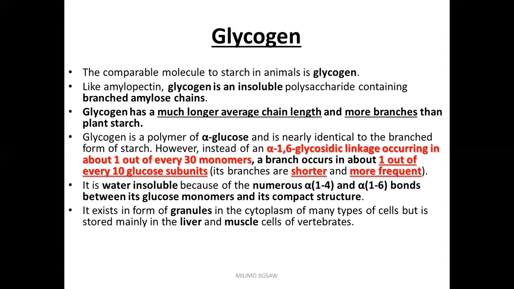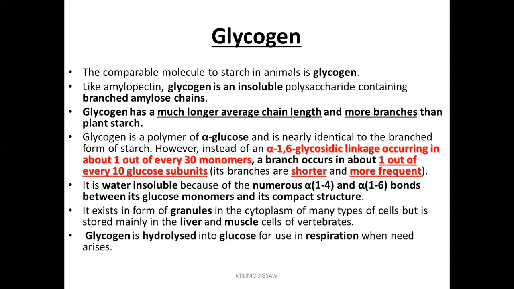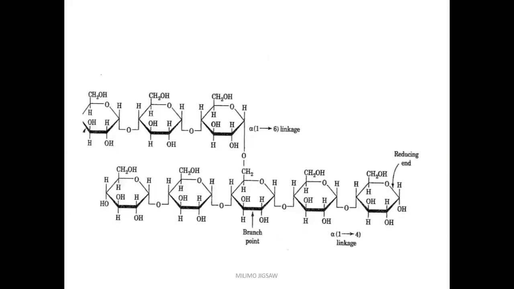However, in human beings and also in other vertebrates, we find that it is mainly stored in liver and muscle cells. So when glucose is needed, glycogen is able to be hydrolyzed to give glucose that can be used during the process of cellular respiration.